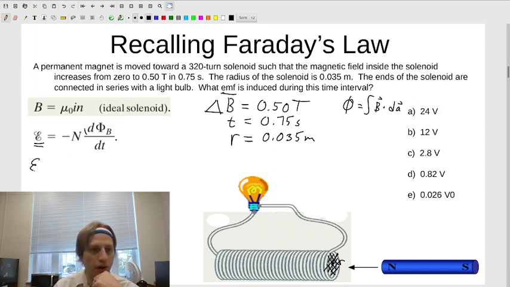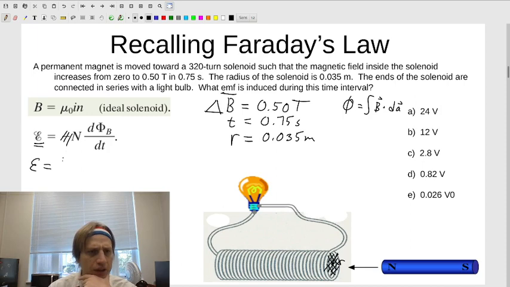The minus sign, you may remember from Friday, has to do with the direction of the induced current, or the induced voltage. It's to try to oppose the change in the magnetic field. So you can figure out what direction the current is going, so as to create a magnetic field pointing the opposite way to the direction of the increase. Let's forget about the minus because we're just looking for the magnitude right now.